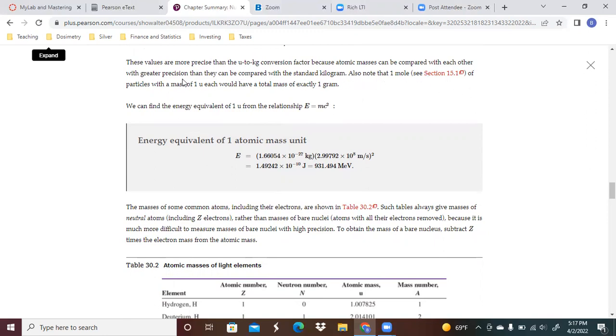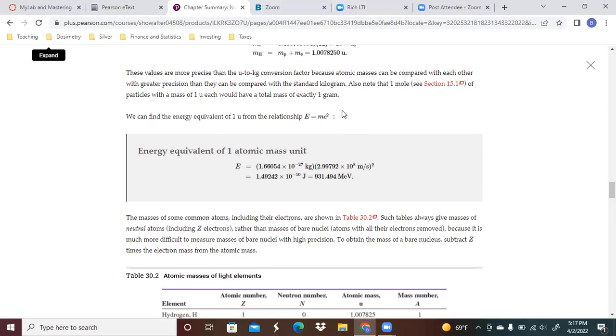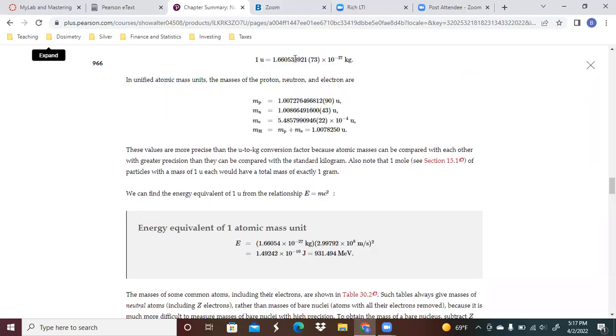And 1 mole of particles with a mass of 1 atomic mass unit each would have a total mass of exactly 1 gram. You can find the energy equivalent by taking the value here, which is the same value up here, multiplying it by the speed of light squared, and that gives you the amount of energy.